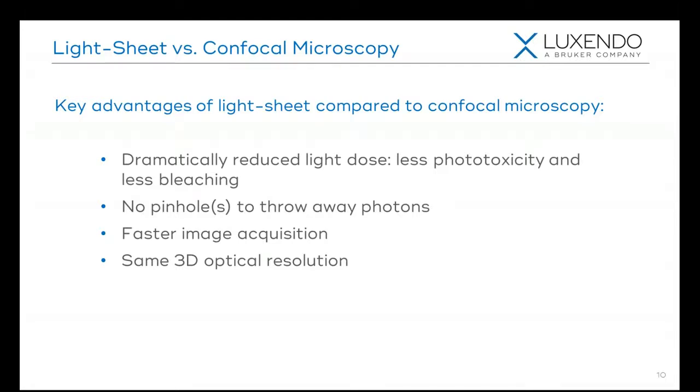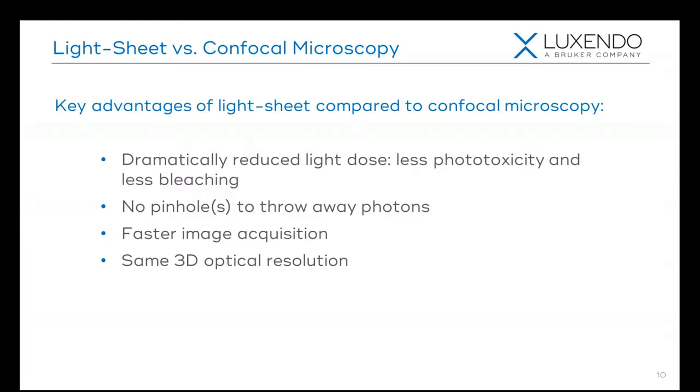That is, in traditional techniques where you have one objective to deliver your excitation light and to collect your emission light, we're exciting all of these fluorophores inside the sample and using a pinhole to reject away all the light that's not in the focal plane. Whereas in light sheet, we're only exciting the fluorophores in the focal plane of interest.